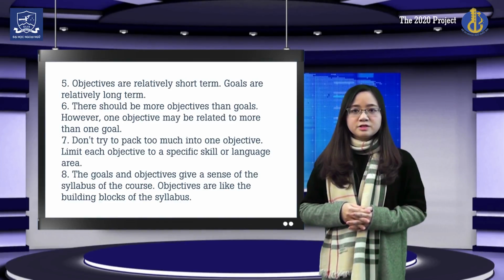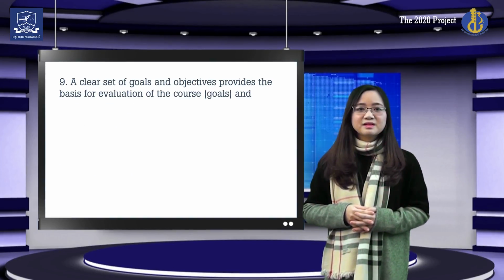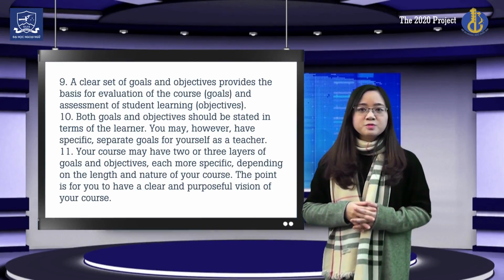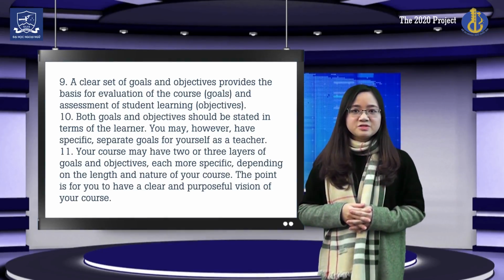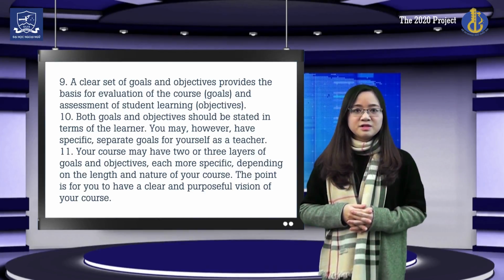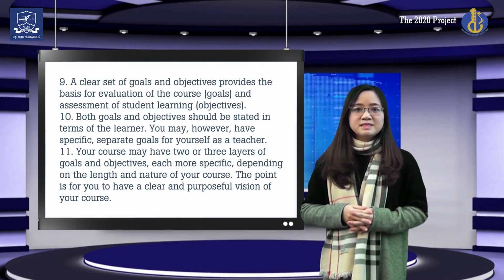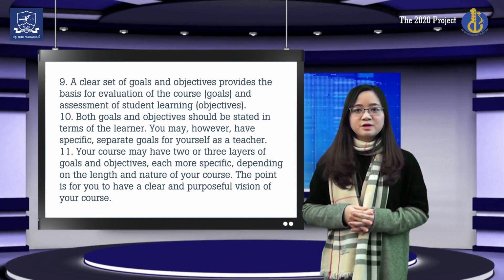So goals and objectives give a sense of the syllabus of the course. Objectives are like the building blocks of the syllabus. A clear set of goals and objectives provides a basis for evaluation of the course and assessment of the student learning. Both goals and objectives should be stated in terms of the learner.